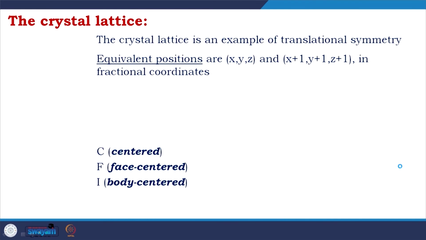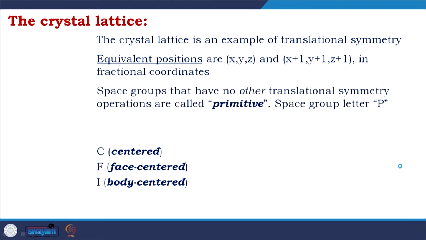The crystal lattice is an example of translational symmetry. Equivalent positions are x, y, z and x plus 1, y plus 1, z plus 1. So, one translation in fractional coordinates.